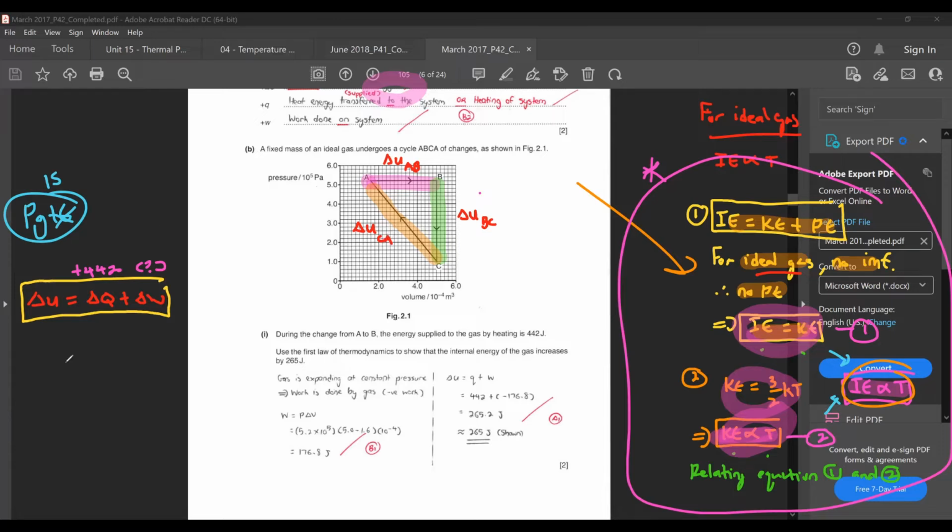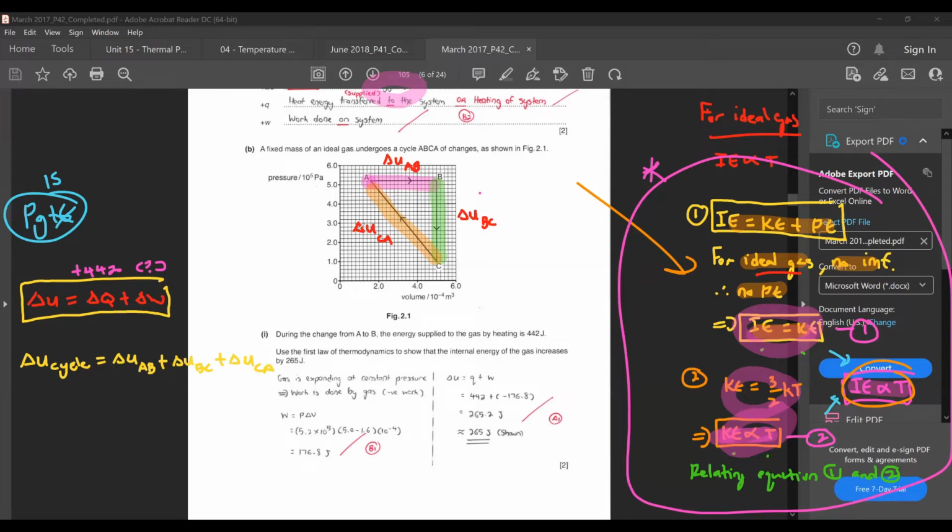If you are talking about the change in internal energy of the whole complete cycle, you would be able to say that the change in internal energy of the cycle is delta UAB plus delta UBC plus delta UCA.